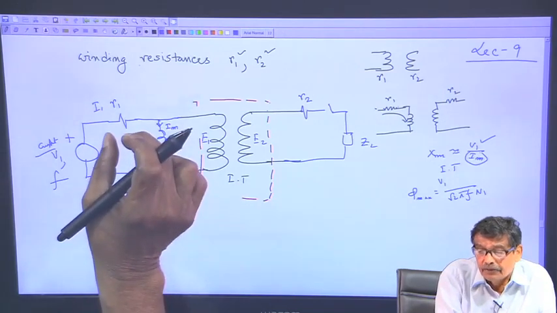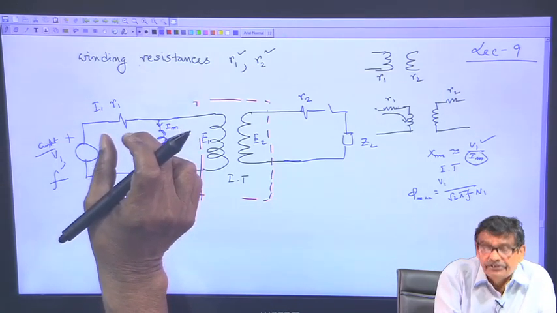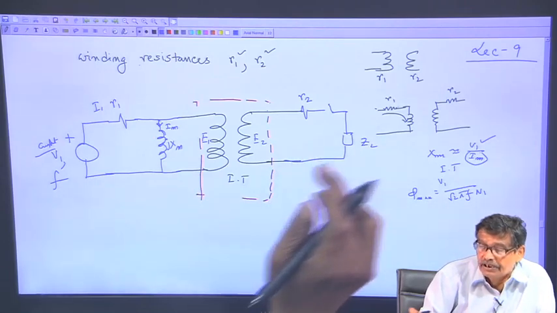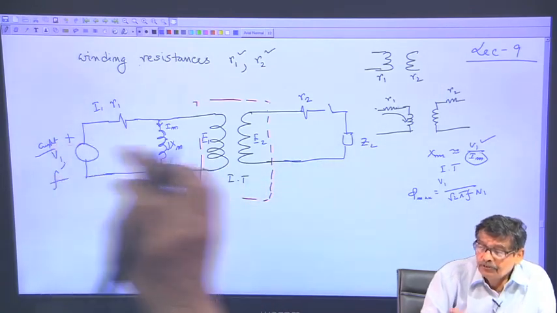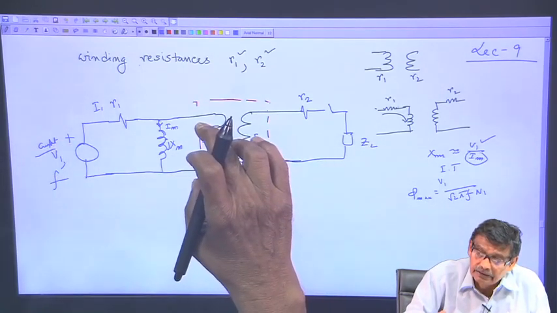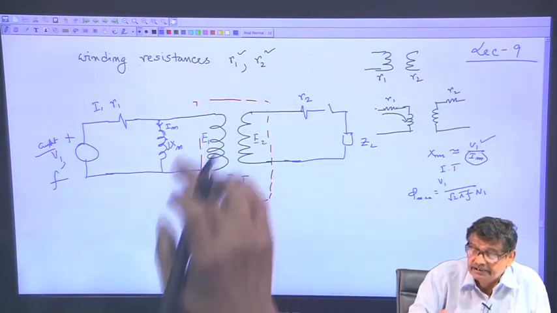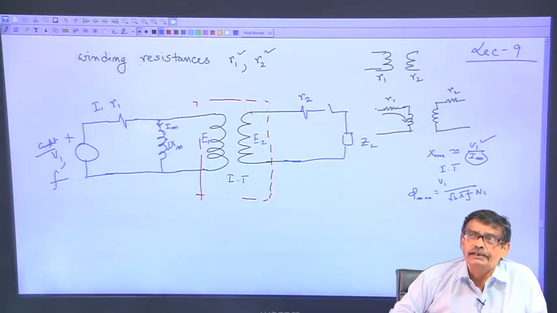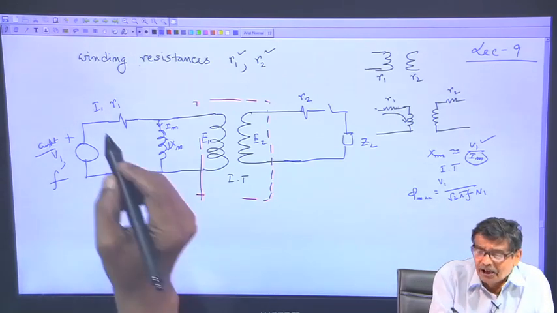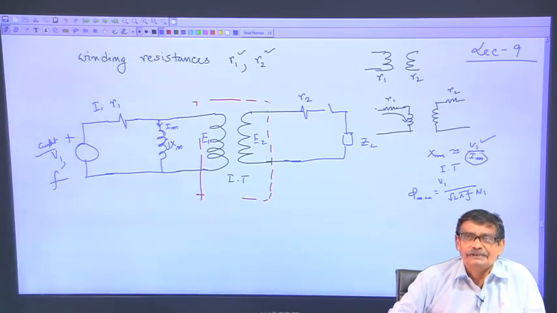Therefore, the drop in R 1 is not constant as you change loading, and the applied voltage to the primary winding of this ideal transformer is strictly speaking not constant. Only consolation is this R 1 is quite small.